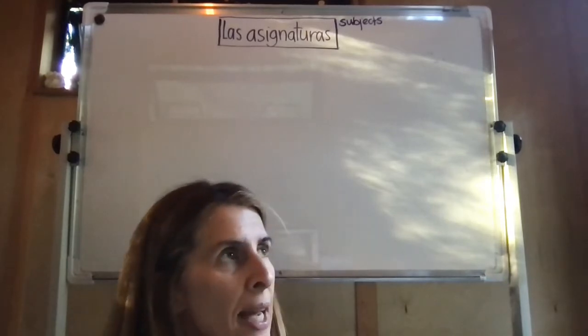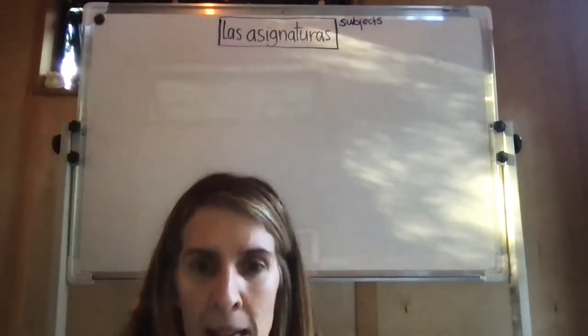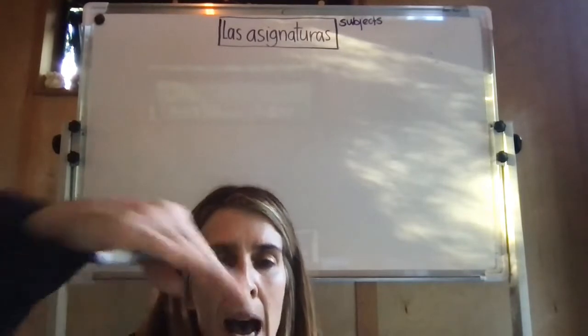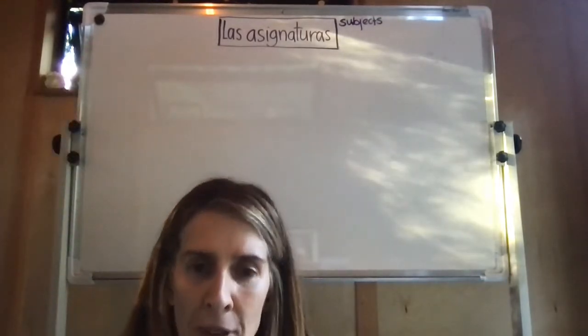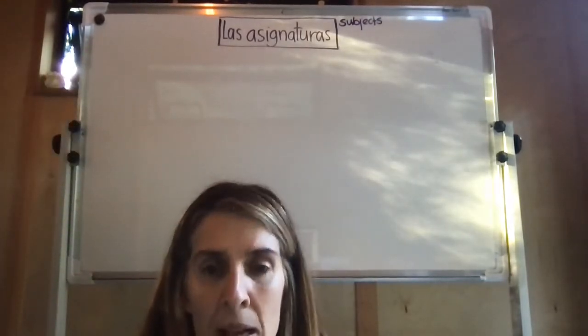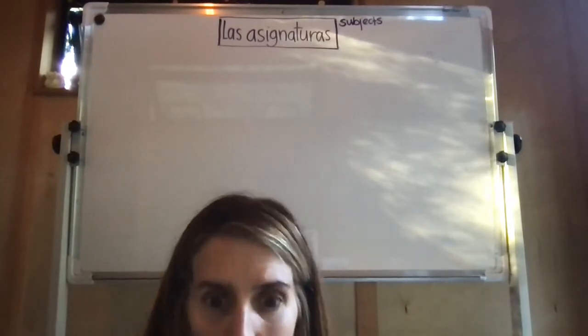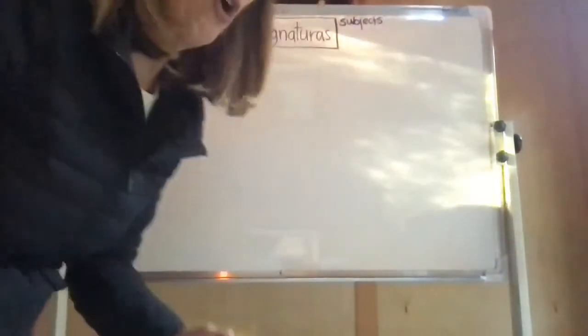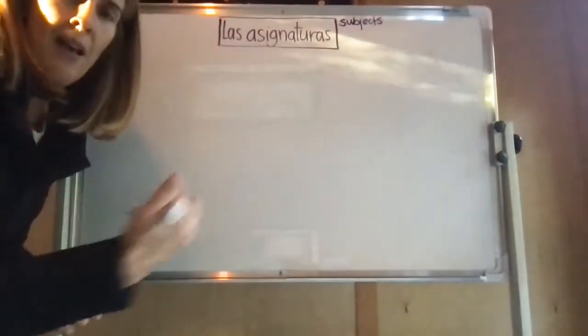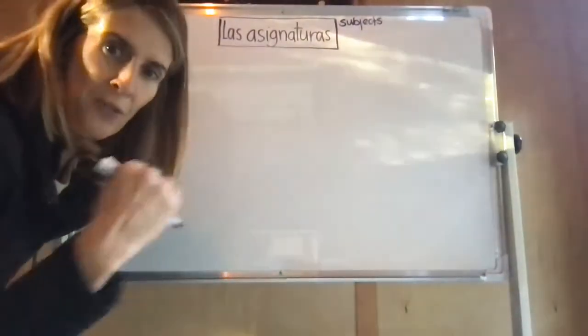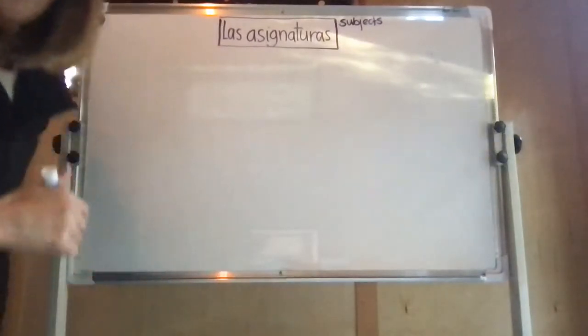If I were to say el francés, French, then la asignatura for el francés would be las lenguas, languages, or las lenguas extranjeras, foreign languages, okay? So it's the overarching subject, and then within the subject, you have different courses, cursos, okay?